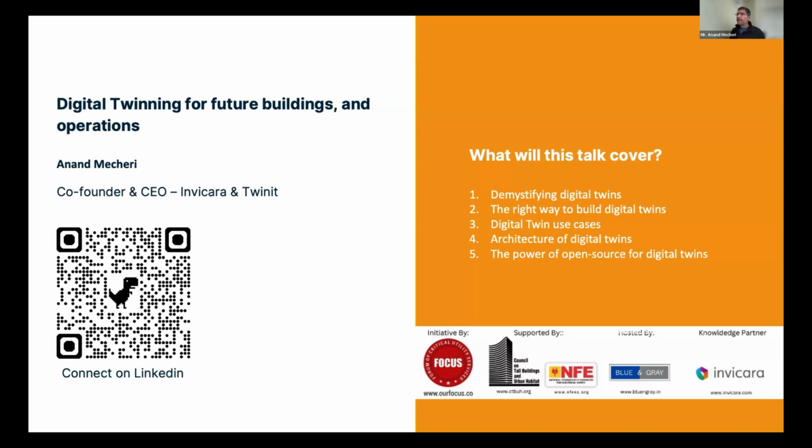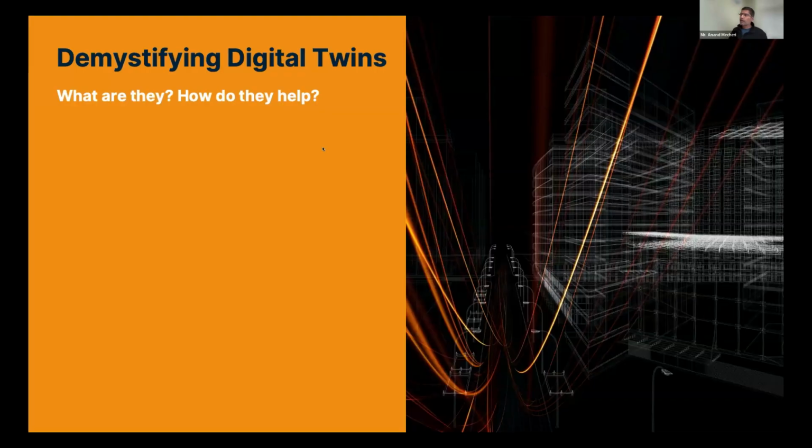Right. So with that said, let's delve into what digital twins are. The first point is that digital twins can apply to literally anything in the physical world. It can apply to individual pieces of equipment, like a pump or a fan coil unit or an air handling unit or a chiller. So you could have a digital twin of that singular piece of equipment.